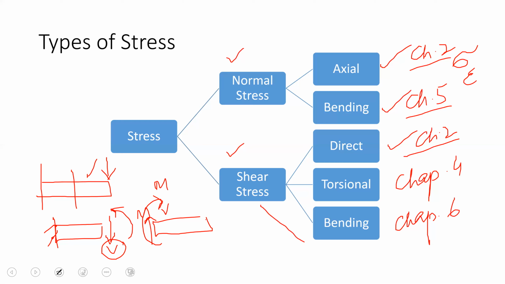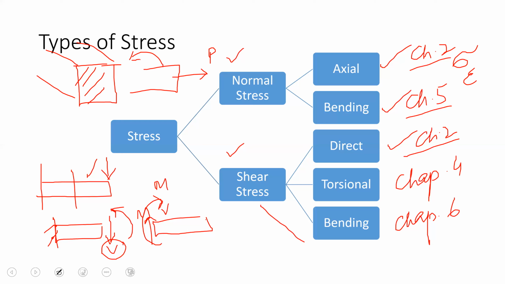If we take a section of any particular thing, a cross section like this one, and a load P is applied in this direction, this is the side view, so this is the tensile force being applied.